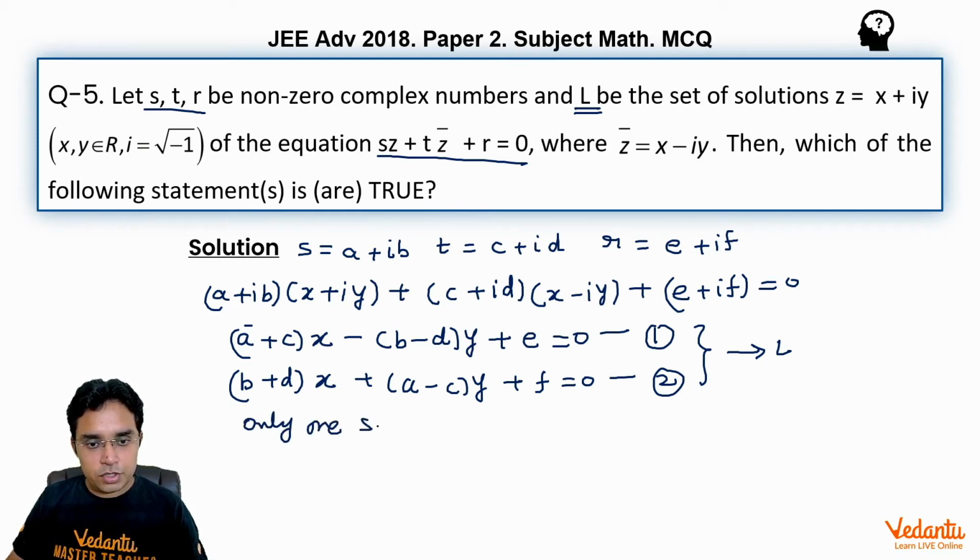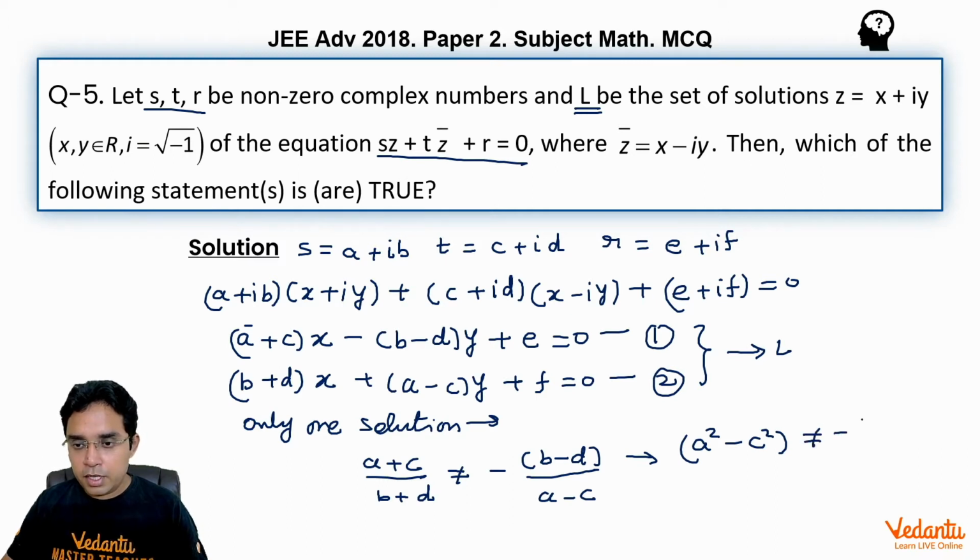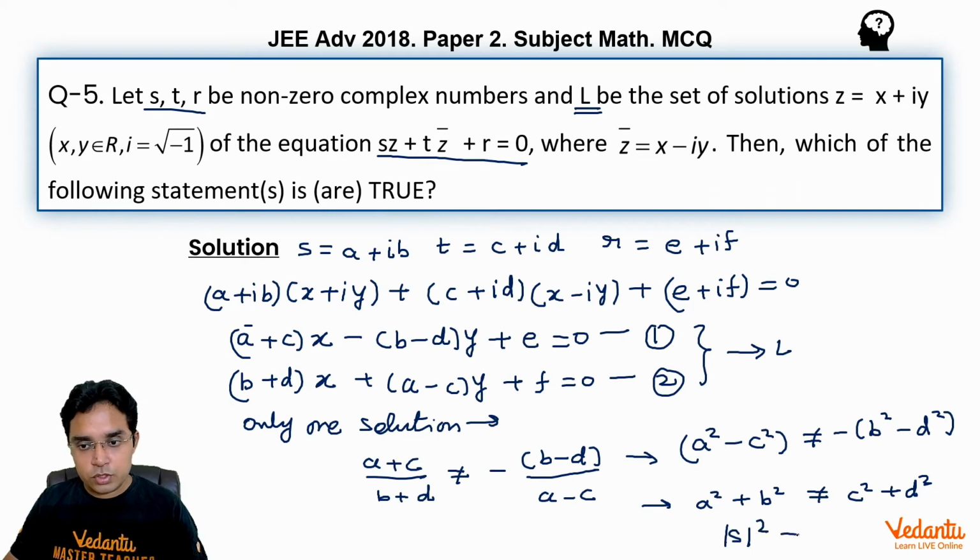Only one solution means they should not be parallel, which means (A + C)/(B + D) should not be equal to −(B − D)/(A − C). Cross multiplying, we can write this as A² − C² not equal to −(B² − D²). Rearranging, A² + B² is not equal to C² + D². The left hand side is nothing but |S|², and the right hand side is |T|².